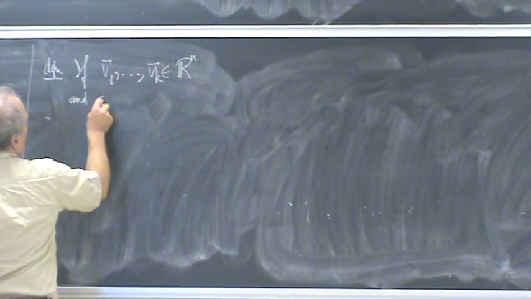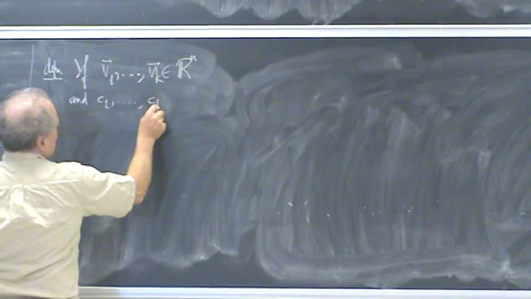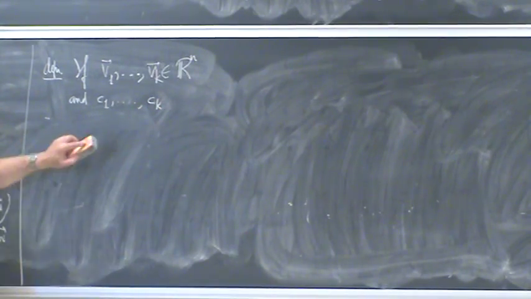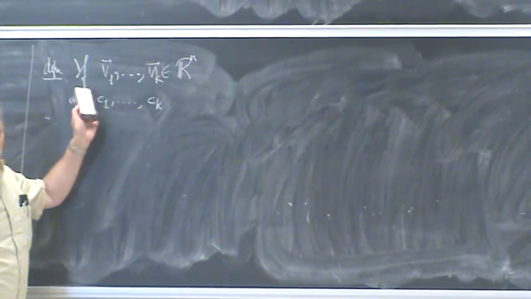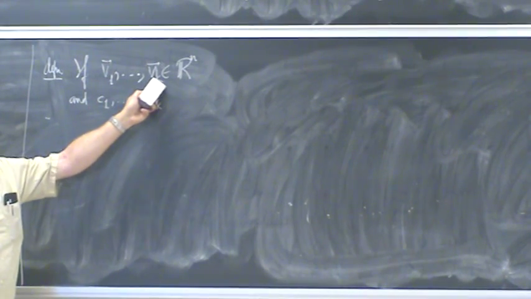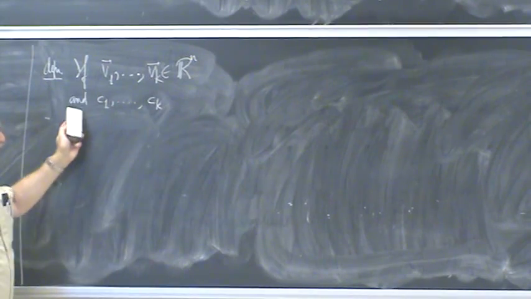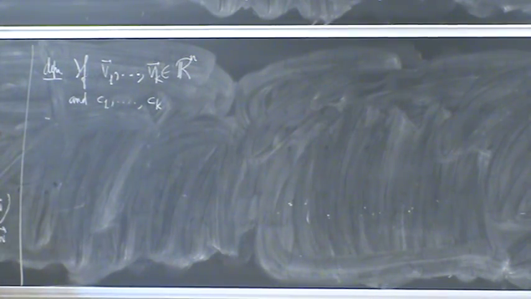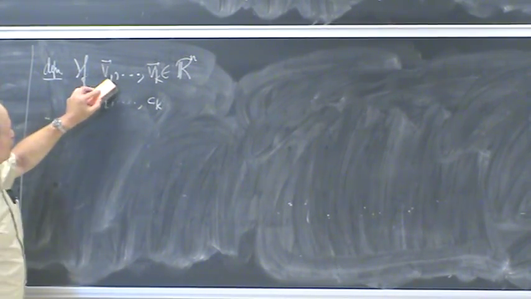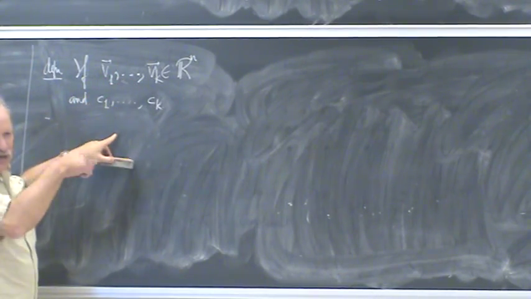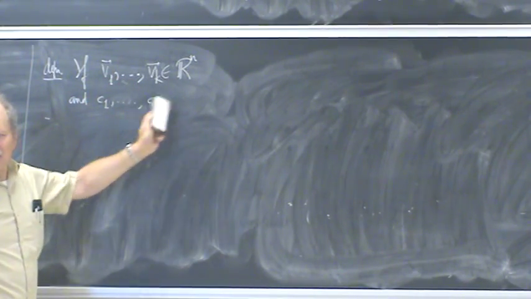and C1 to Ck, so by the way, this is what math people do a lot when they want a whole list. K might be 3,256,972. I don't have time to write out all that many numbers. So the notation of using dots means that it continues going up by 1 each time until you get to the end.